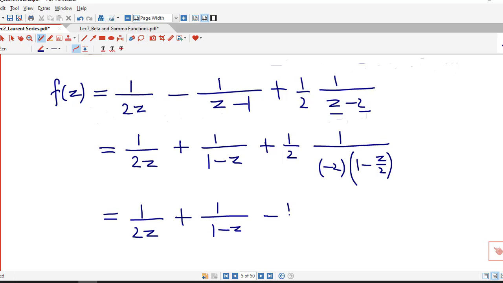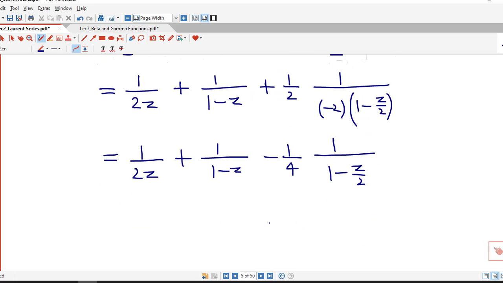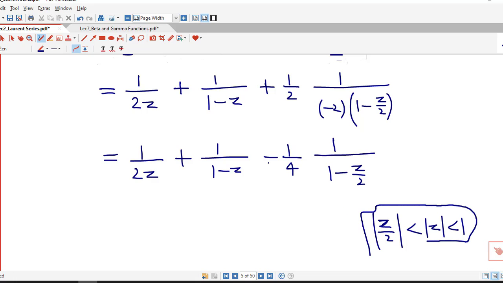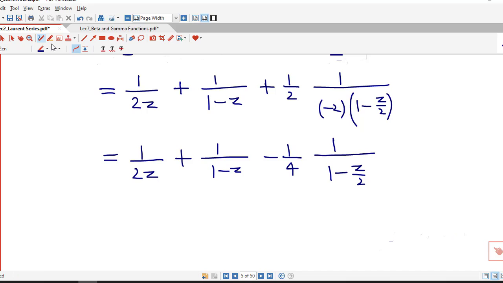This we can rewrite as minus 1 by 4, 1 divided by 1 minus z by 2. Now absolute value of z is less than 1, so therefore absolute value of z by 2 is also less than 1, because absolute value of z by 2 is less than absolute value of z, and this is less than 1. So now we are able to use that Maclaurin series expansion.